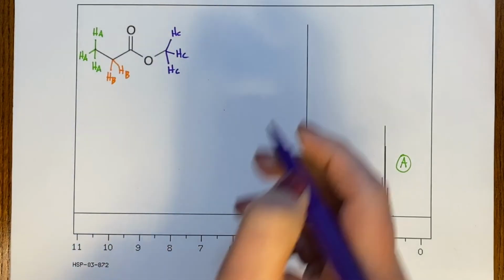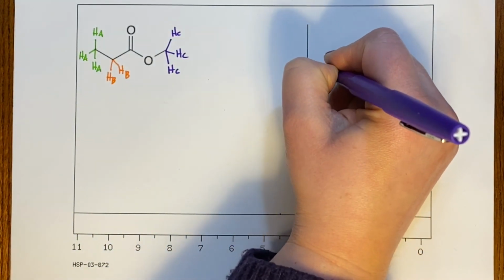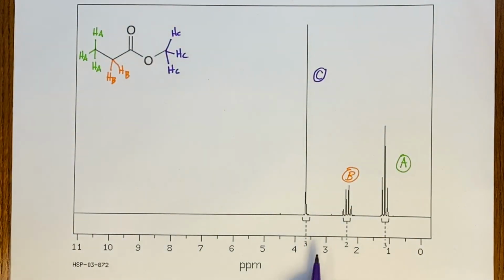That leaves HC. So this will be the peak for HC. I'm expecting an integration of 3, a chemical shift between about 3 and 4, and a multiplicity of a singlet. So all of the data that we expected is what we see in this spectrum.